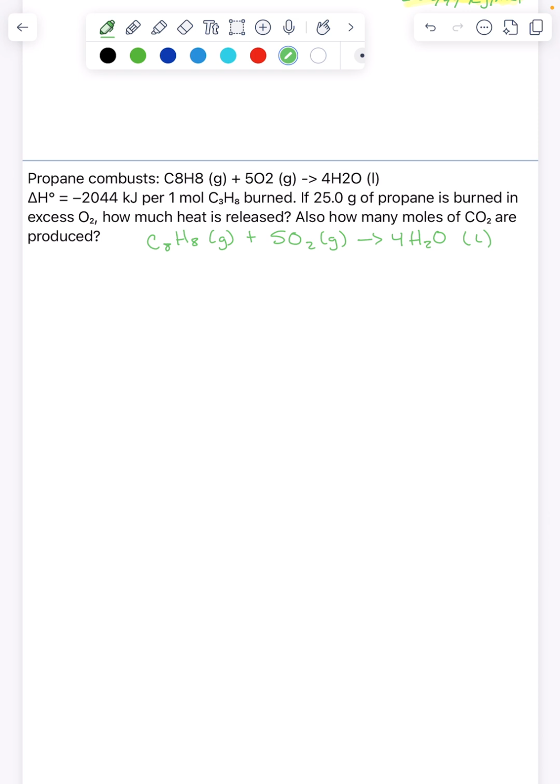So it says we have this information: if 25 grams of propane is burned in excess oxygen, how much heat is released? Also, how many moles of CO2 are produced?